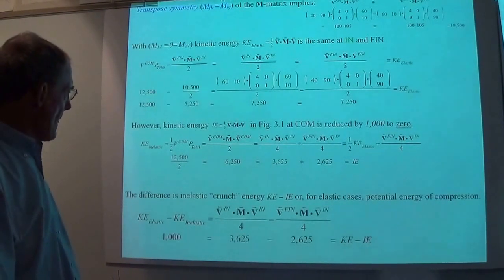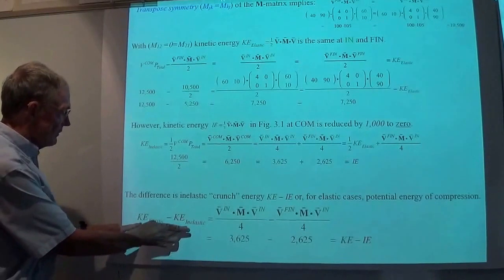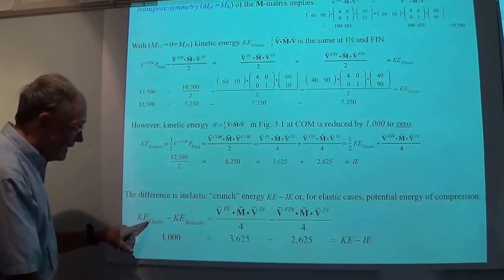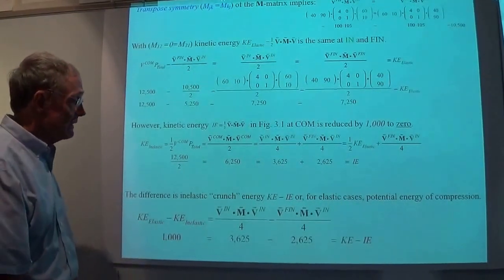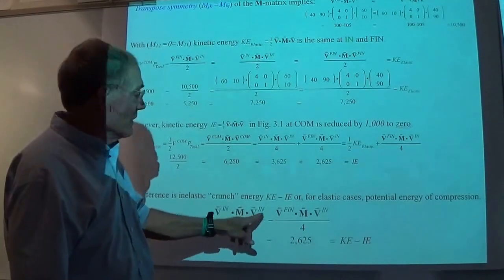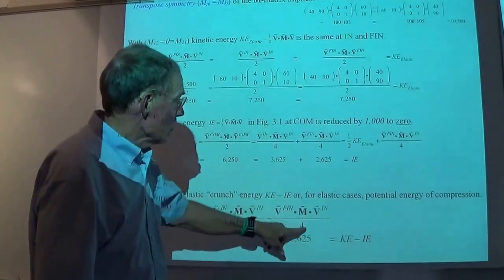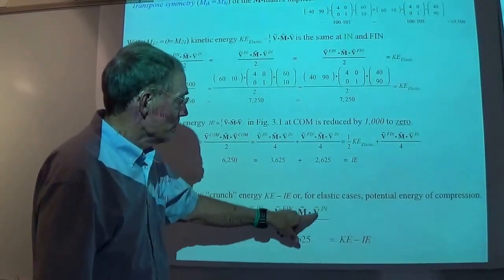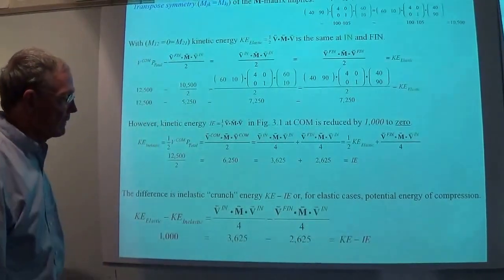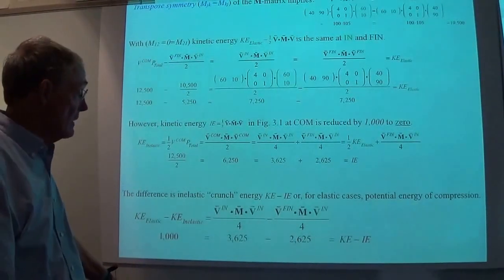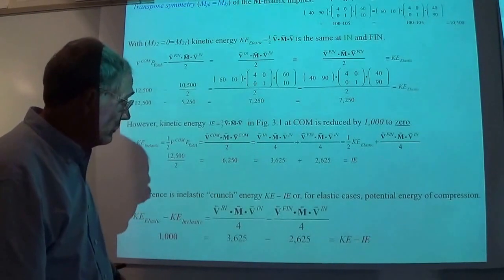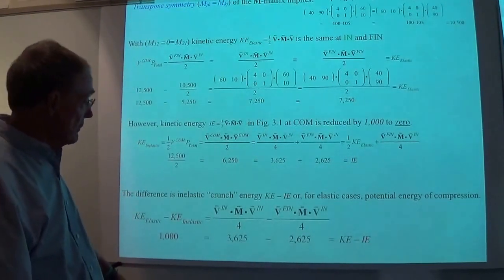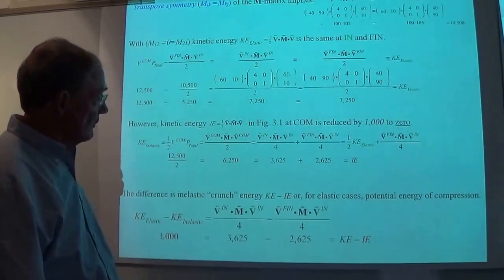Now, this is kind of interesting. The difference between the inelastic and the elastic, this 1,000, is given by just a quarter of that cross term, quadratic cross term. Just a quarter of that subtracted gives you the difference between these two.